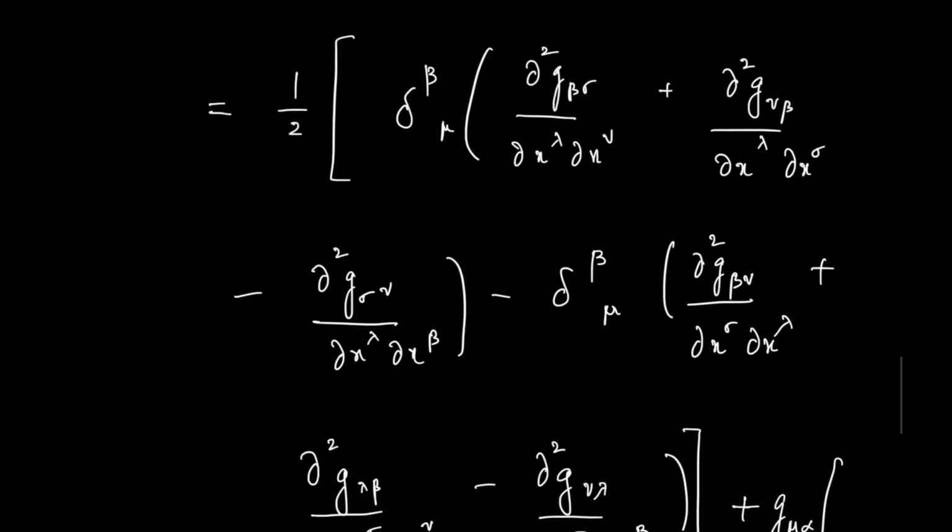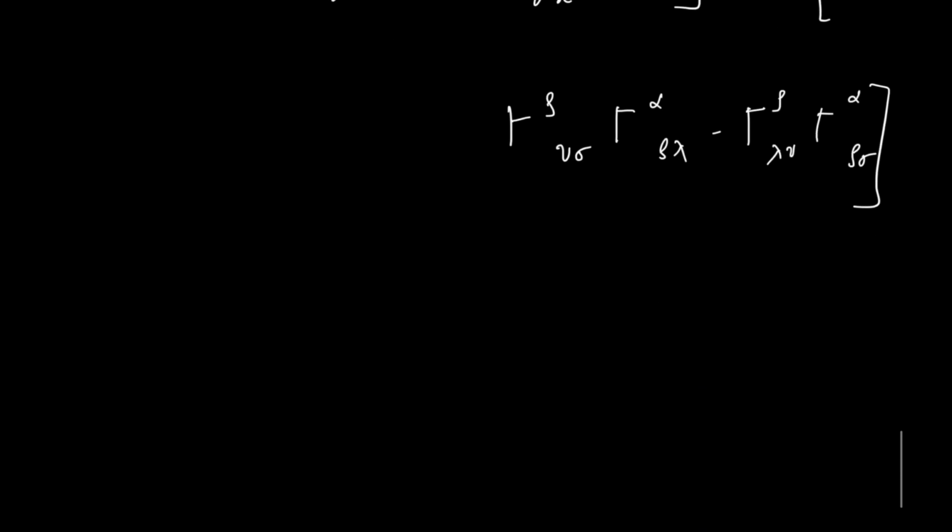Now I have to apply beta equal to mu. So wherever there is beta, I will replace it with mu.